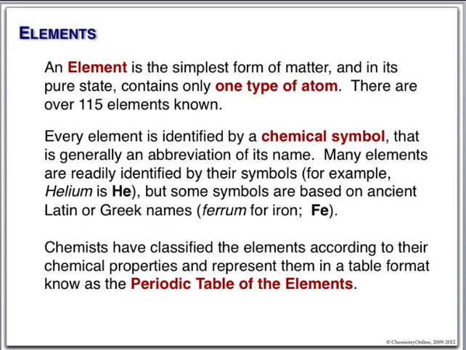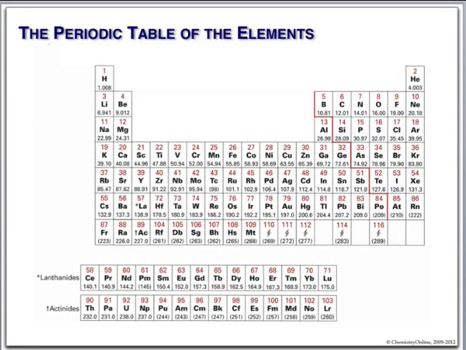We were talking about elements. We talked a lot about it. We know that they're arranged in the periodic table. We know that they all have a chemical symbol. This is our traditional periodic table. The one you get on exams will look very much like this one. Periods up and down, and groups going across.